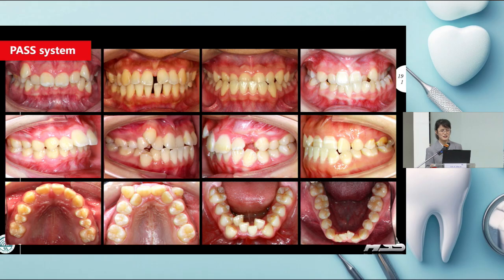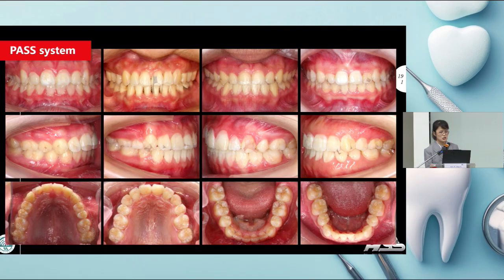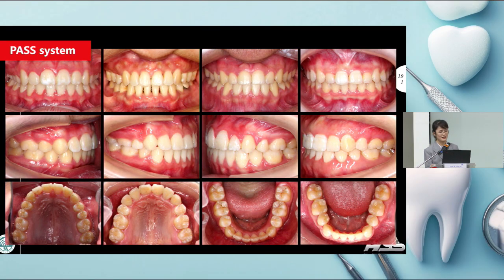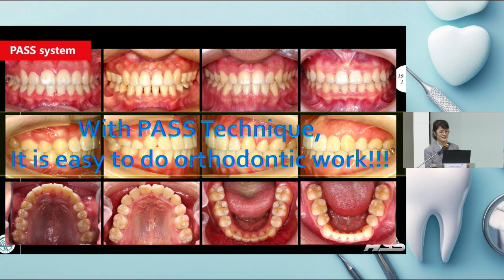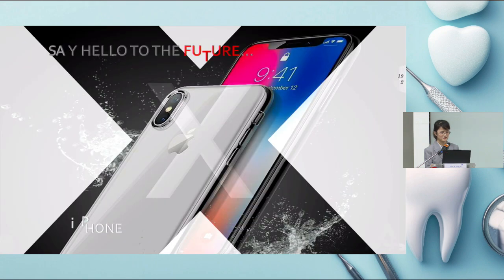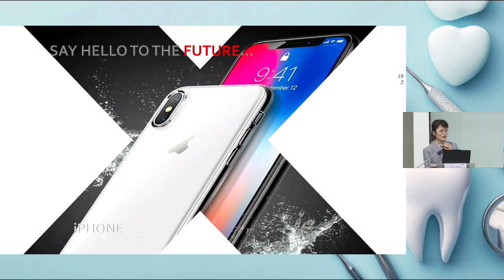After this lecture, we know that with PASS, it's very easy to do orthodontic work like that. When Apple carries out face recognition on mobile phones and makes innovative progress, it is named the iPhone X, saying hello to the future.